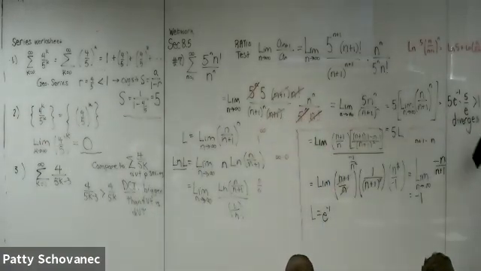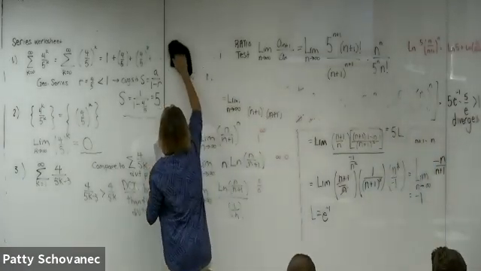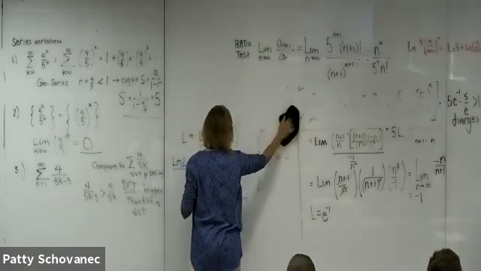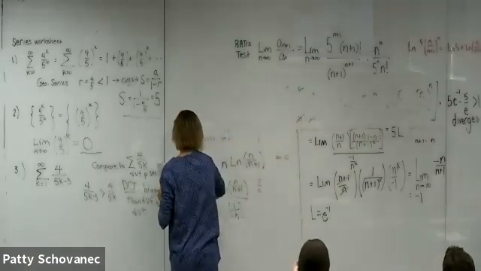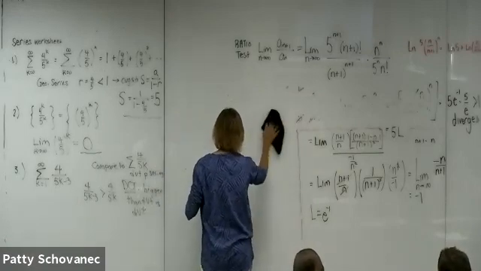Just took the limit. Took the limit because it looks very top heavy, doesn't it? Which means my limit's not going to go to 0. That's called the test for divergence. Do we have an acronym for that? TFD.